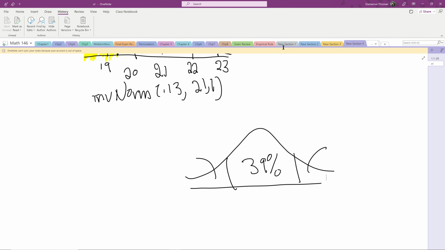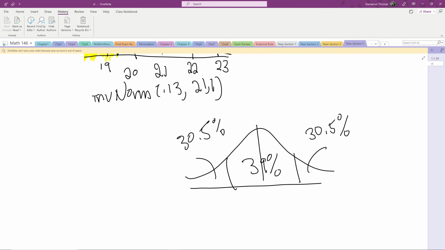All right, that's 61, and if we divide 61 by 2, we get 30.5% and another 30.5%.